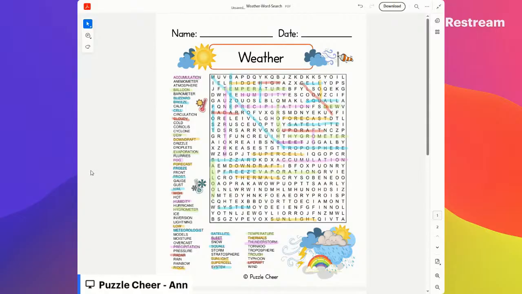Dino Game Hub says calm is vertical, second column, bottom left next to balloon. Calm. Very good. C-A-L-M, calm.